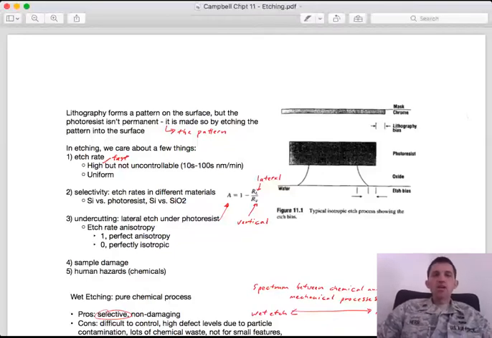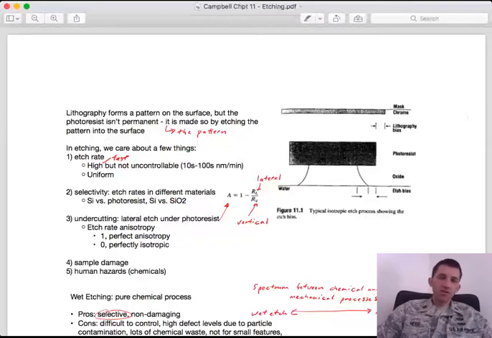And it seems that you have kind of a trade-off in selectivity versus undercutting. So if you have a very selective, well, I should say selectivity and anisotropy tend to be opposite, right?